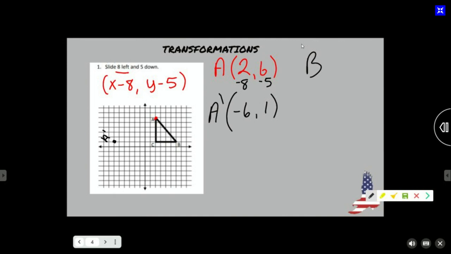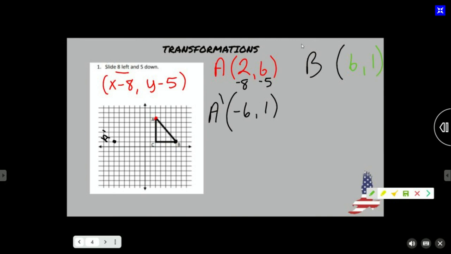So you got to do all the work for all of those, like for A and B. What's B? Look at your paper. What is this coordinate right here on B? 1, 2, 3, 4, 5, 6 and 1.